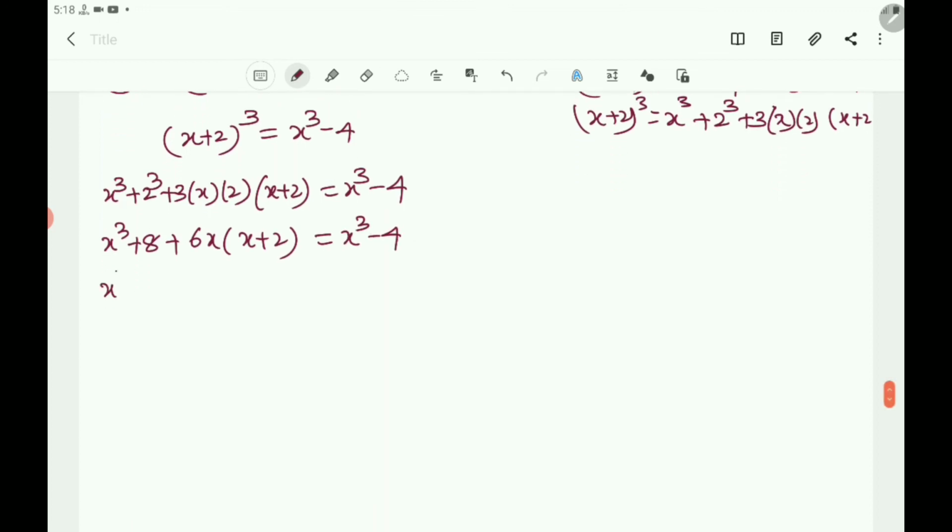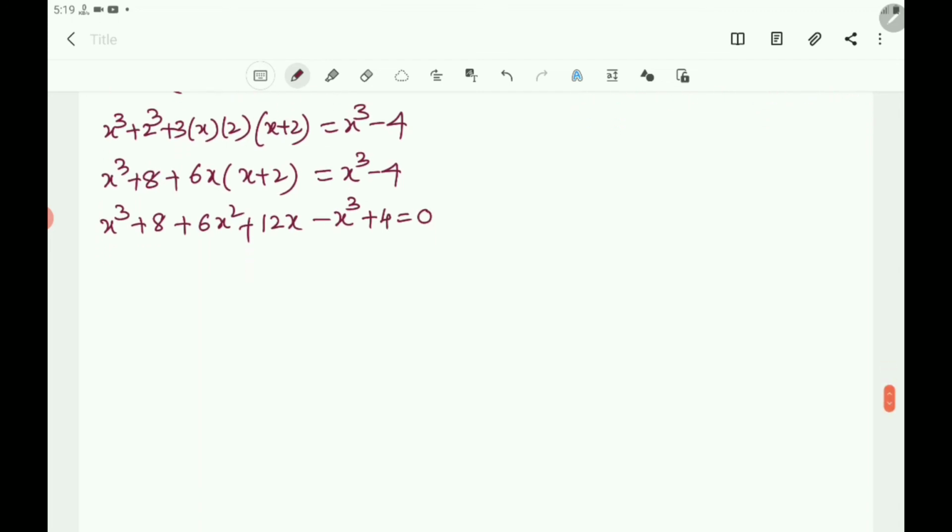Then it becomes x cube plus 8 plus 6x into x, 6x square, plus 6x into 2, that is 12x, minus, transfer this x cube minus 4 to the LHS, it becomes minus x cube, and minus 4 becomes plus 4, that equals 0.